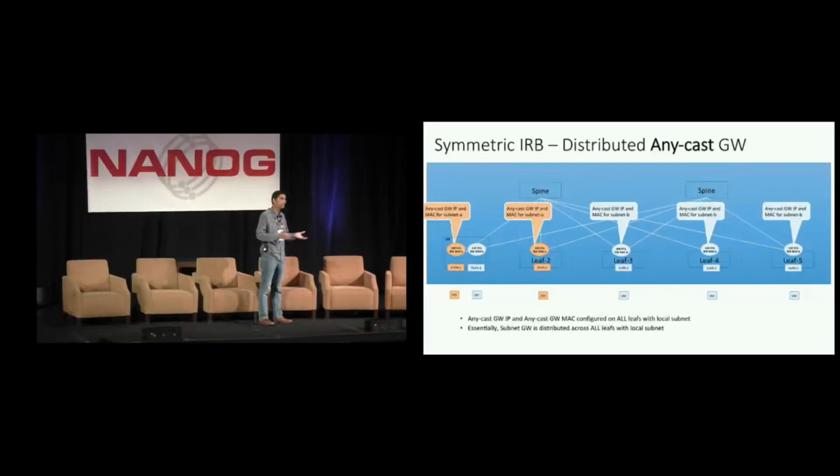You still have the same gateway IP and gateway MAC, and if a host has an ARP entry for its default gateway, it can simply move while maintaining that ARP entry. And if it moves to another leaf, that leaf also is part of the same Anycast gateway, and you truly have a distributed Anycast gateway across your data center fabric.